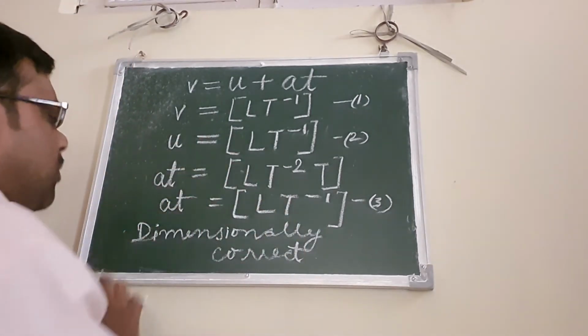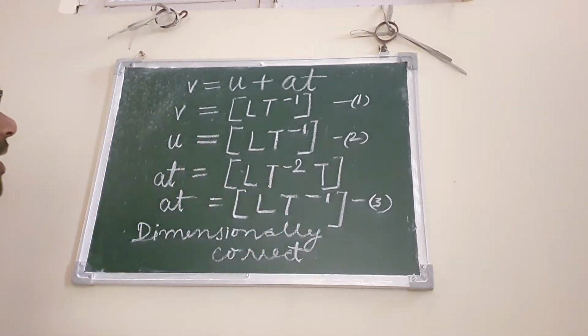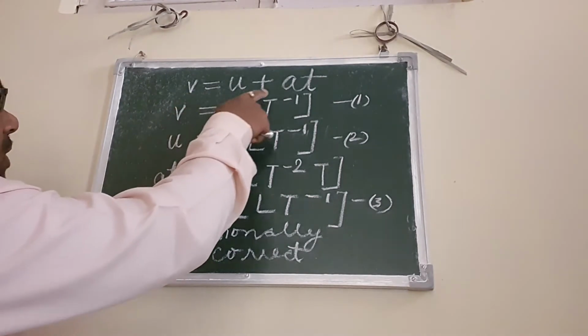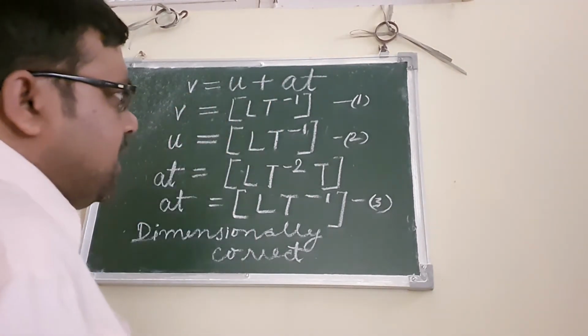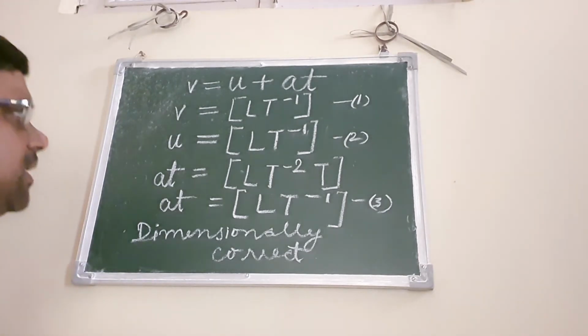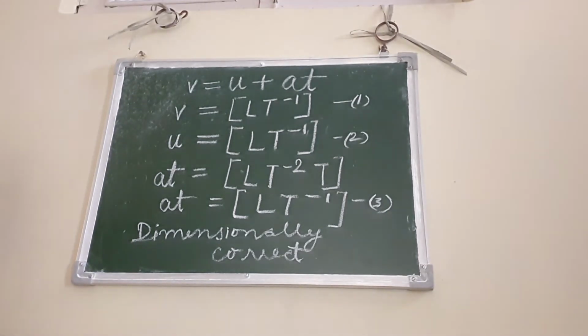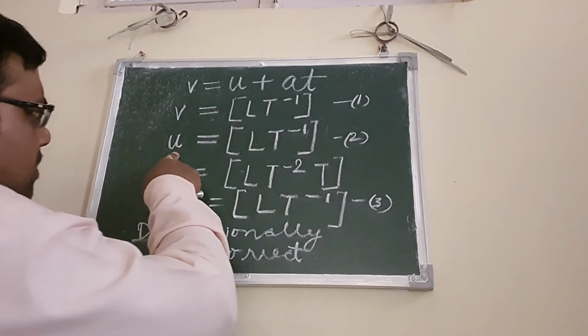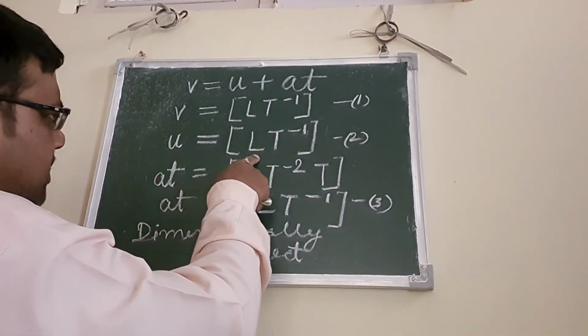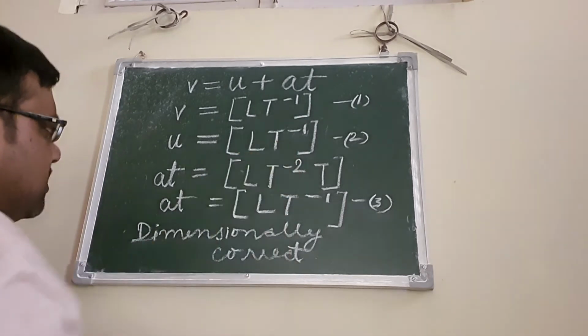So I am rubbing the board. You can see it here. V is equal to U plus AT. The dimension of V is L T raised to power minus 1, since it is meter per second, so per second is therefore minus 1. Here U is also velocity, so its dimension is L T raised to power minus 1.